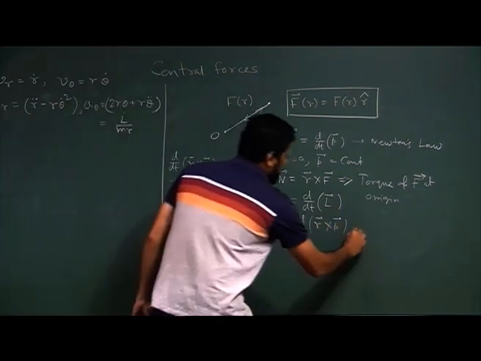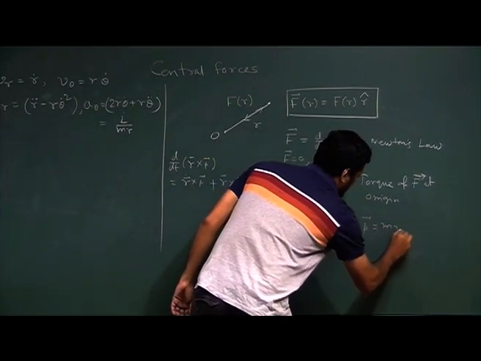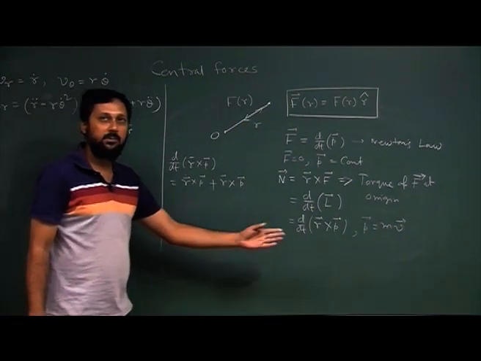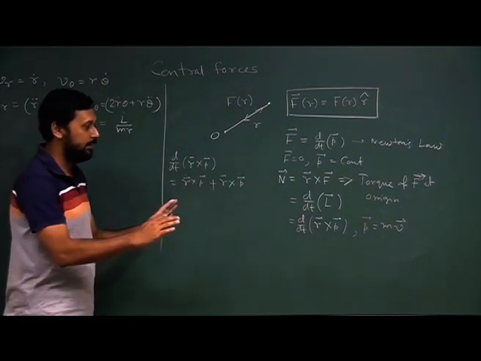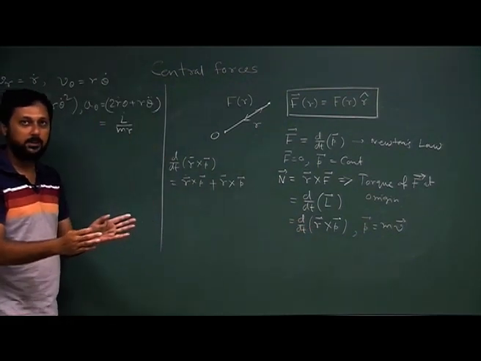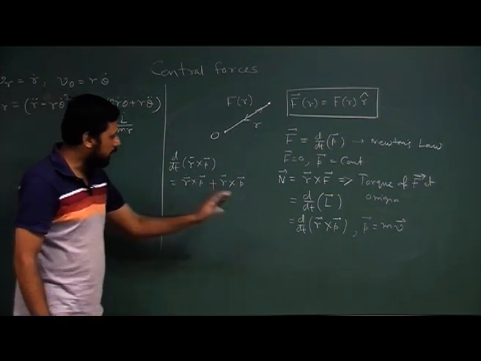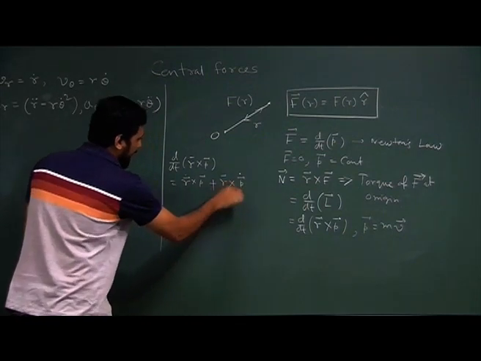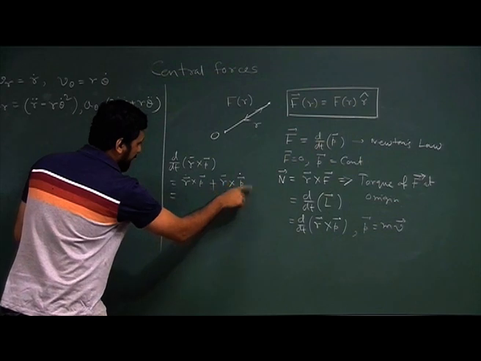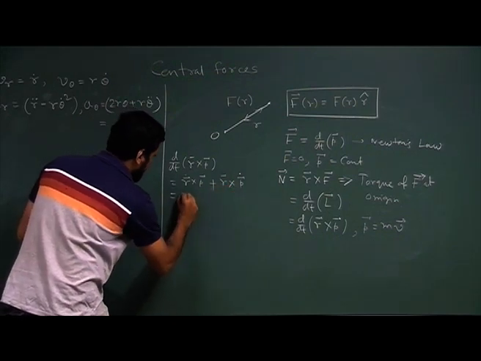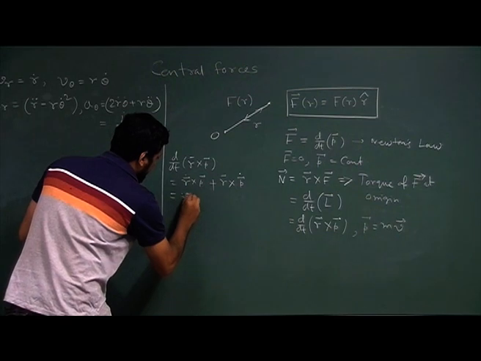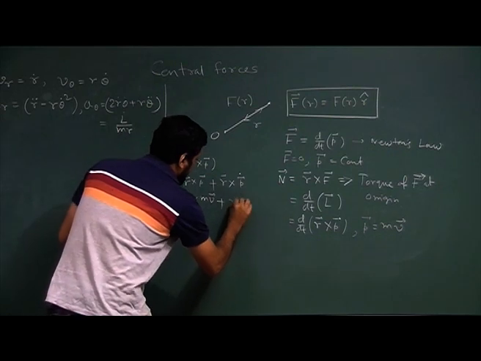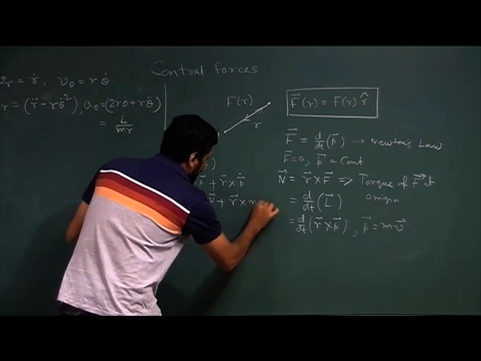Now, please remember p is equal to mv, assuming that the mass of the system is not changing. Please understand this, we are back in the description where mass is a constant. So, there is no time derivative for the mass term here. So, the p dot is nothing but this is v, this is mv, this is r cross m v dot.